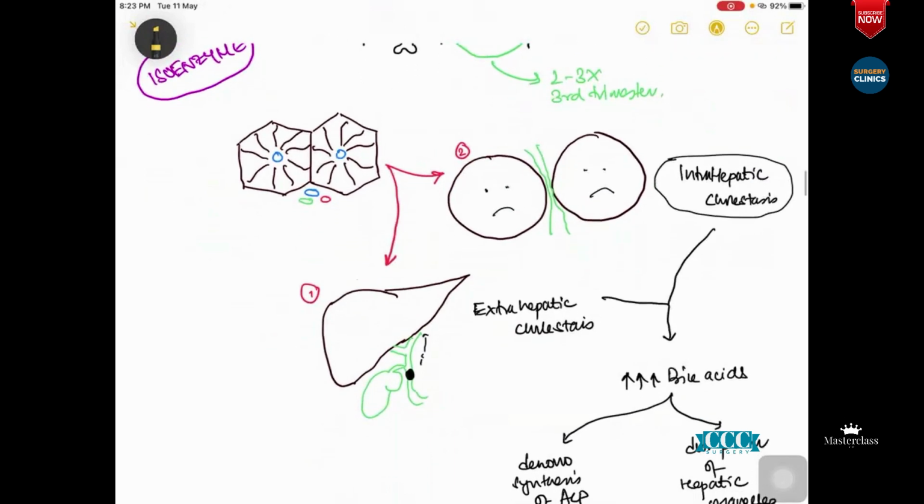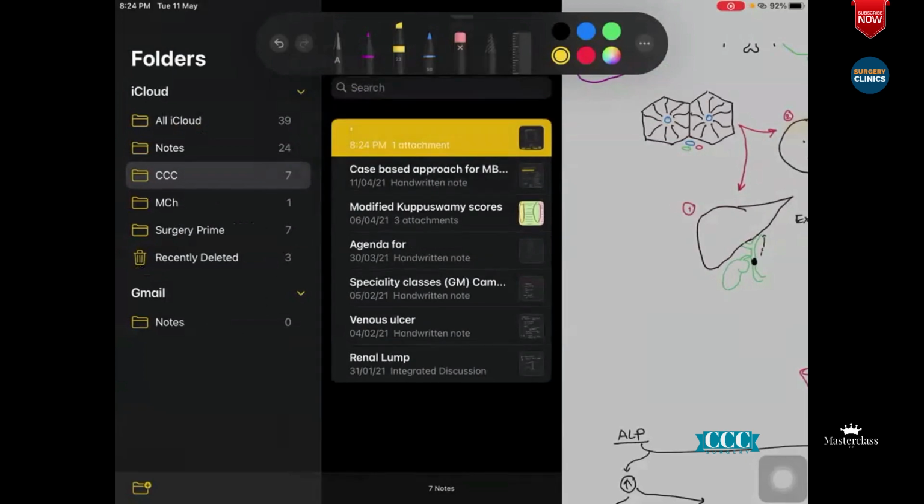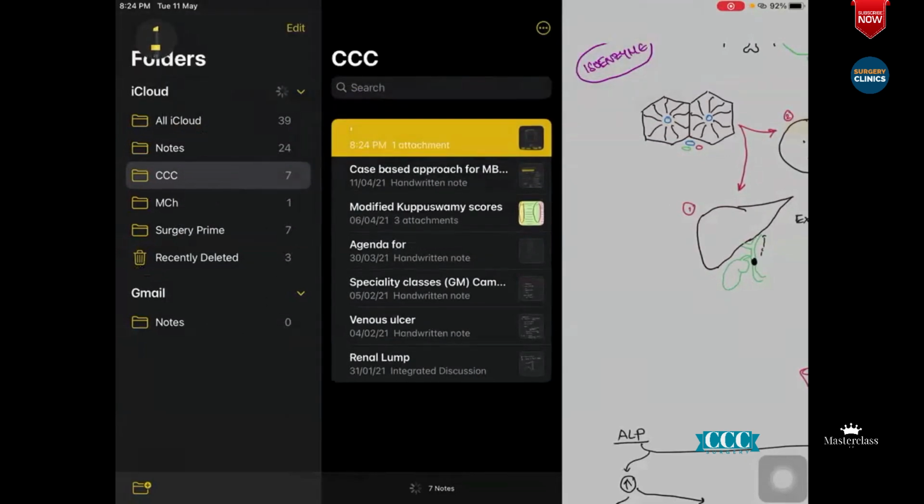Now what happens is that suppose you have a patient with, say, viral hepatitis. These hepatocytes were there. Wrong, my pen.